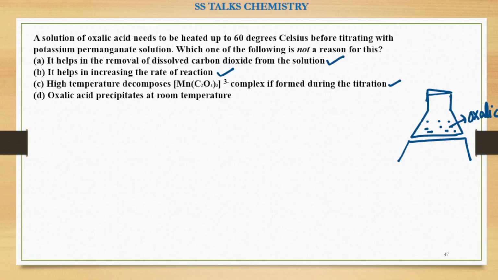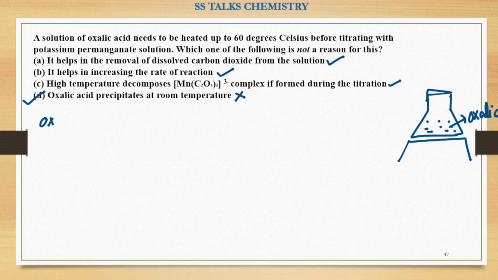Next, it says oxalic acid precipitates at room temperature. This is the incorrect one. You might have seen that it always remains in the liquid solution and it never undergoes precipitation. So heating is not done to remove precipitates. This is not the reason.